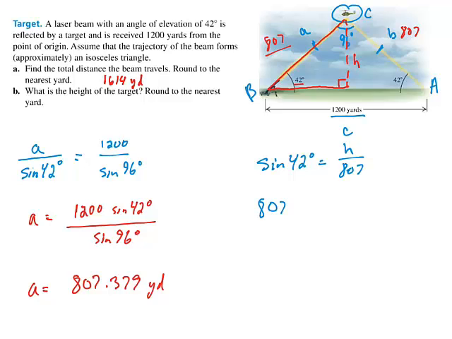So 807 sine of 42 is equal to the height. So punching that in, 807 sine 42, I get about 539.988, which rounding that to the nearest yard is 540 yards. There we have it.